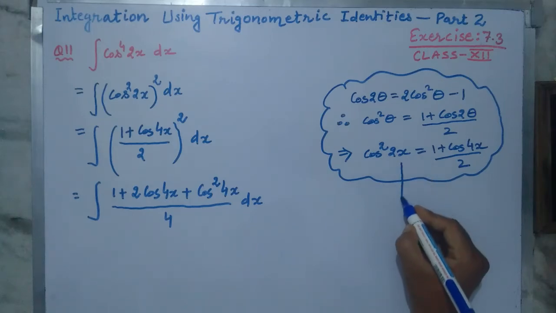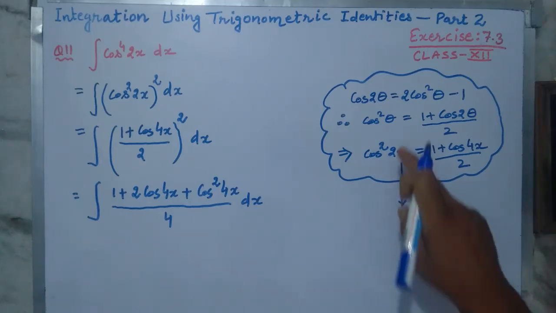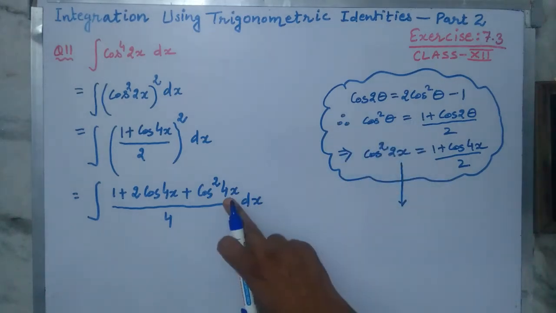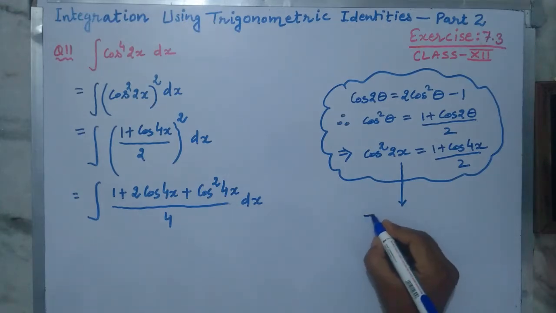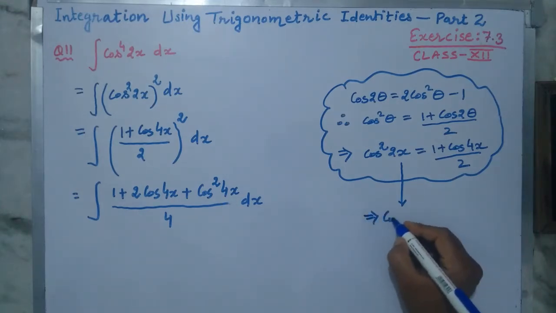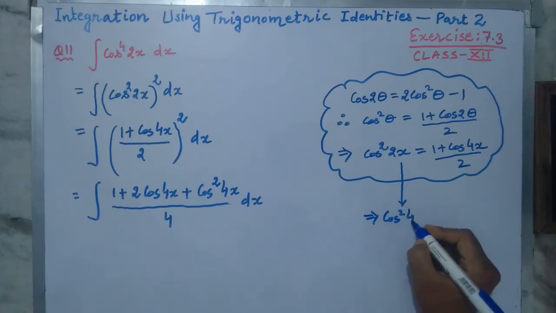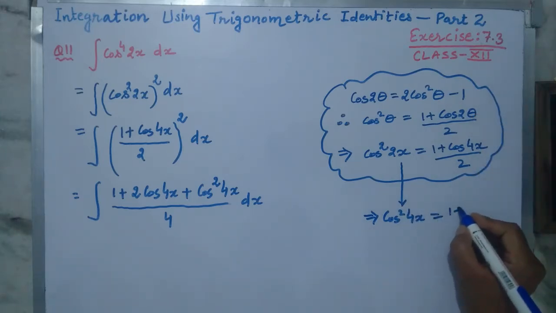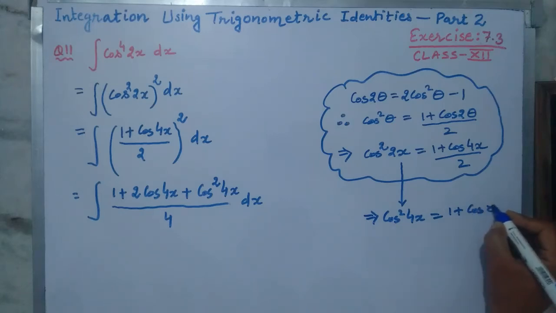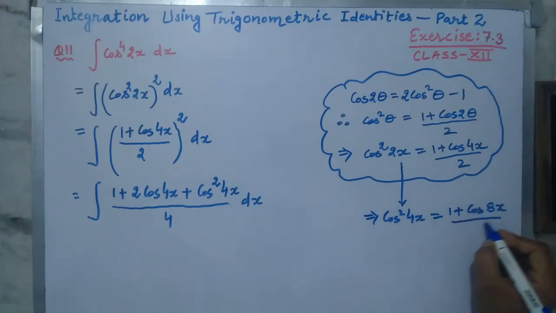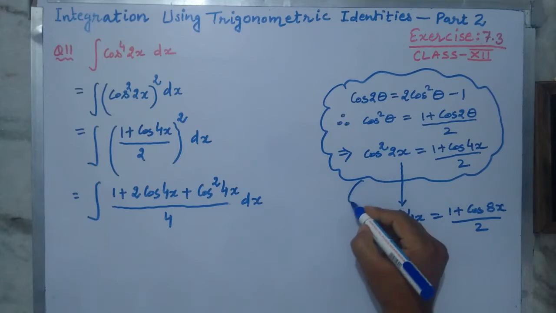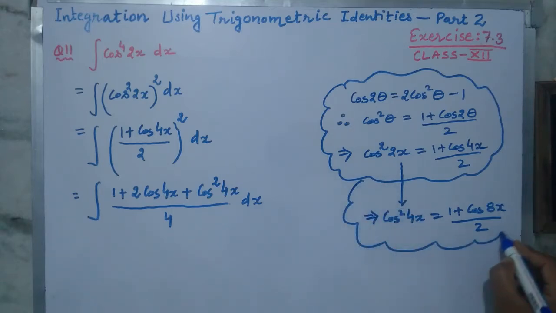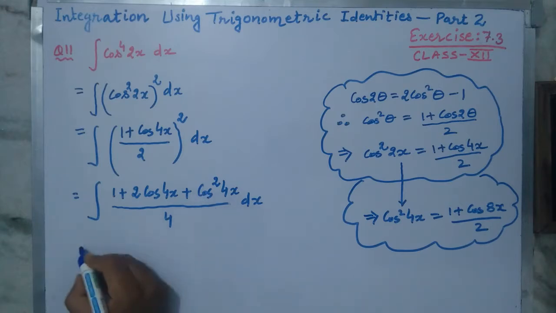Again here, if we put theta equal to 4x, then cos square of 4x is equal to 1 plus cos 8x upon 2. So again we write this identity here.